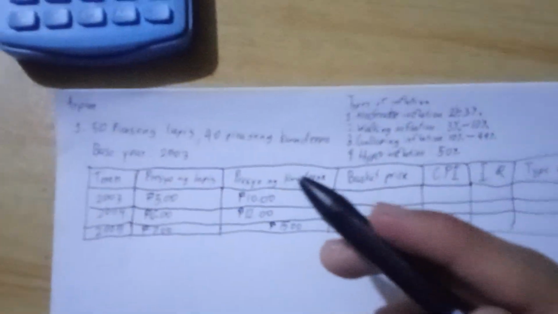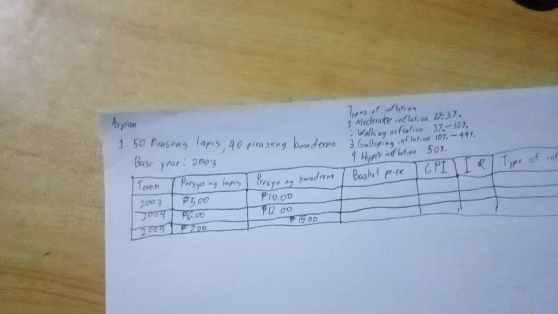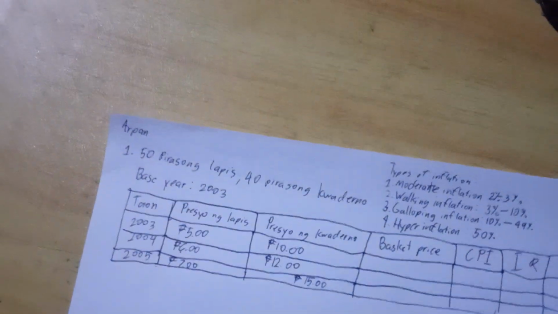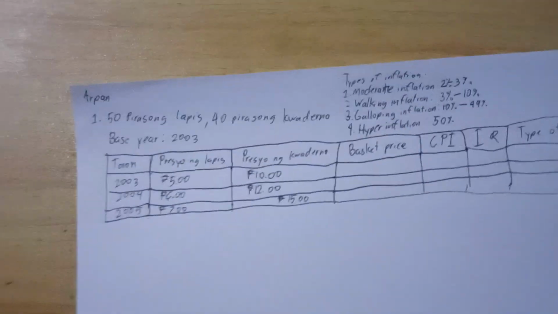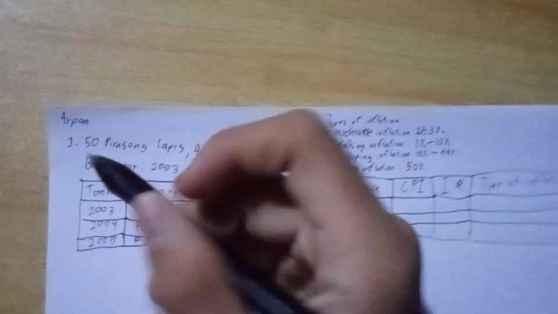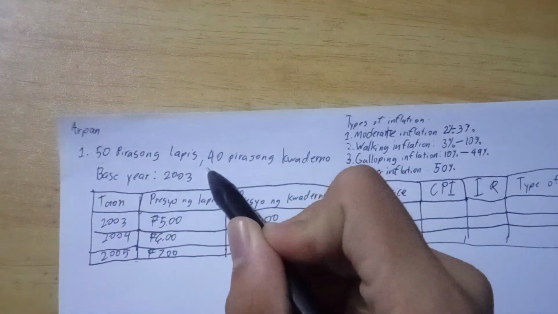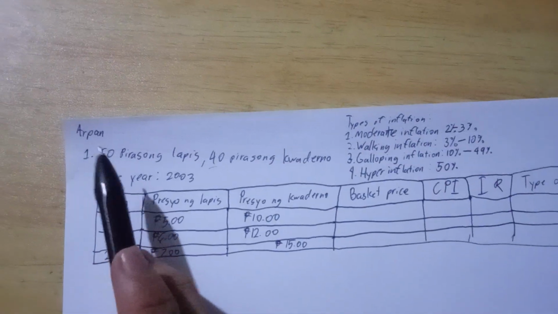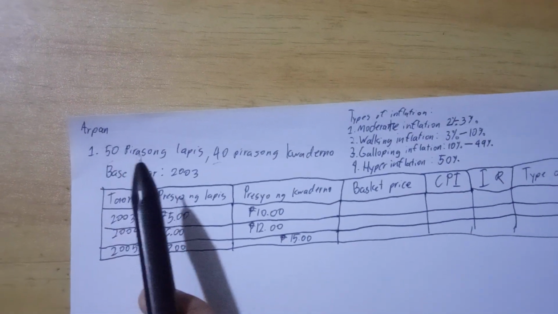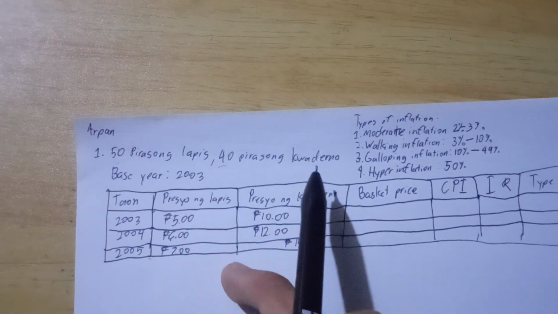Okay, so you can use a calculator for this because there's a lot of divisions. So, we got 50 and 40 for how many people buy pencils and notebooks in a year.